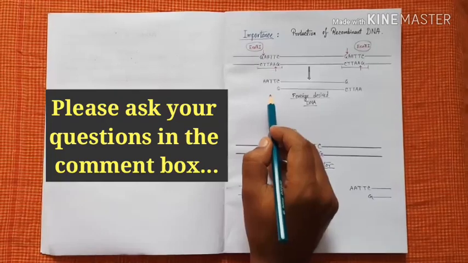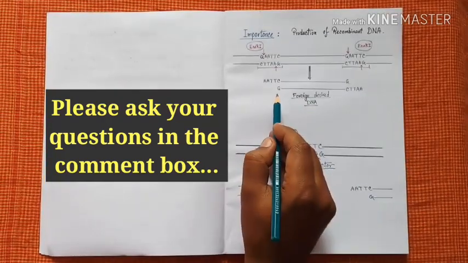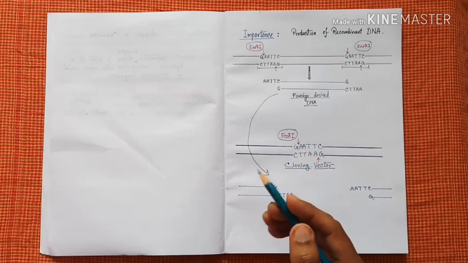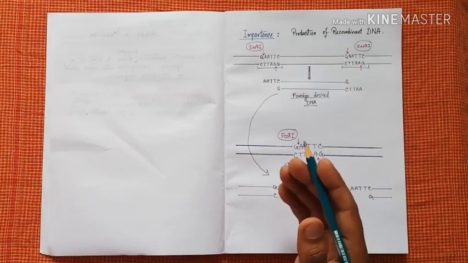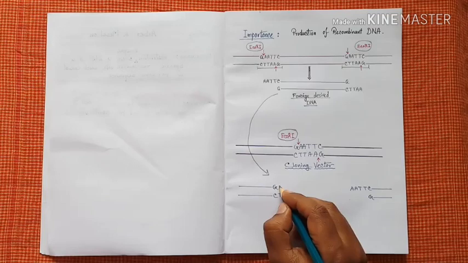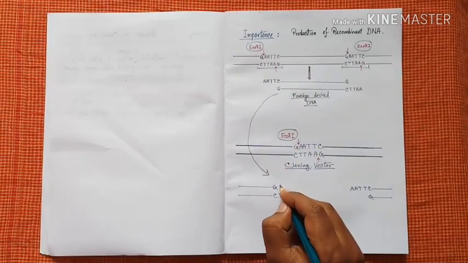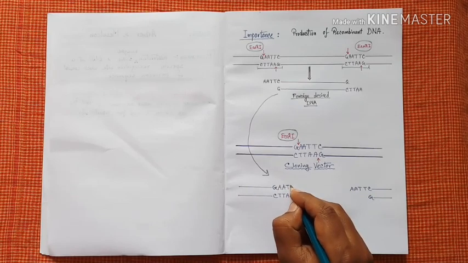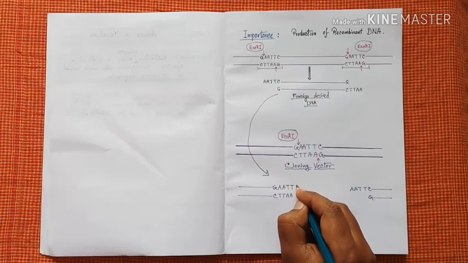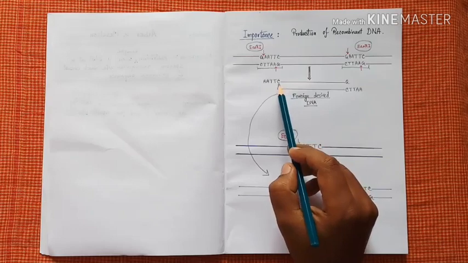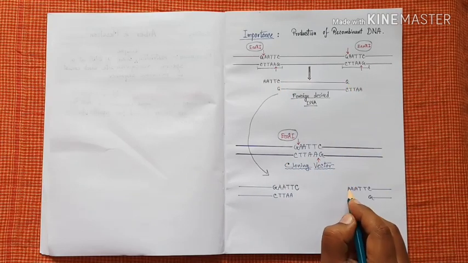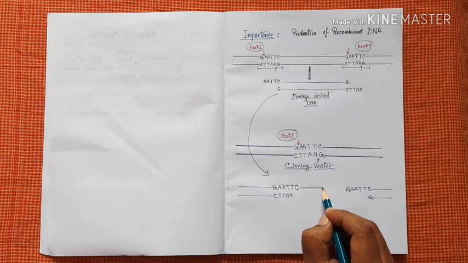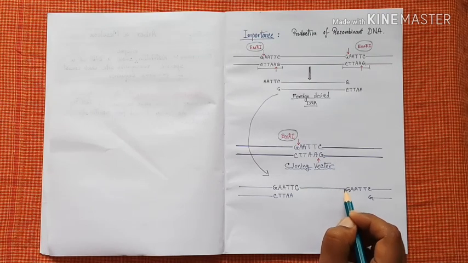Now, if we wish to produce a recombinant DNA, we have to bring this foreign DNA near this cloning vector and try to join this segment. So, let us see how this segment will get joined. This region will be placed here, A, T, T, C, and on the other hand we have to write the G, and here this segment is of foreign DNA.